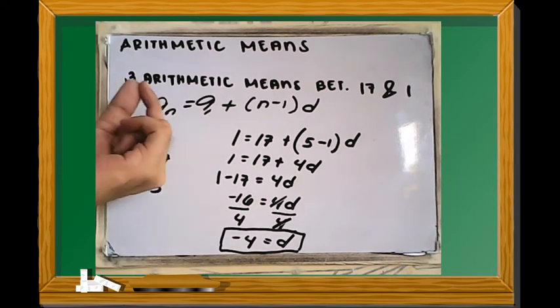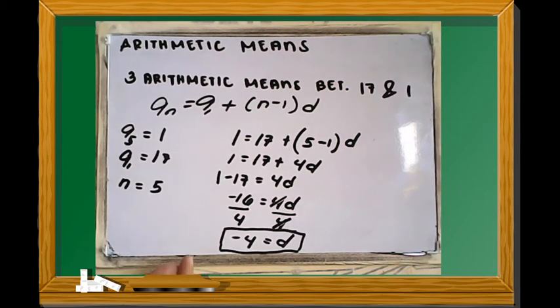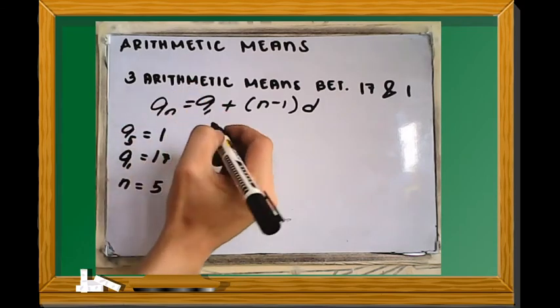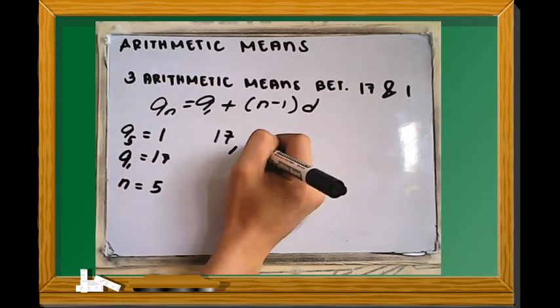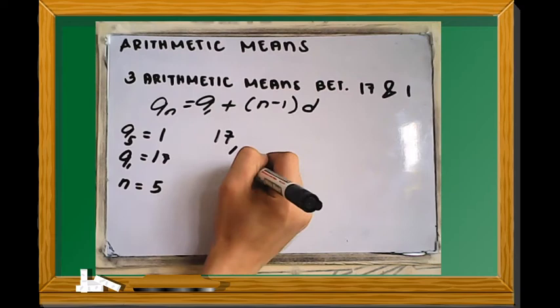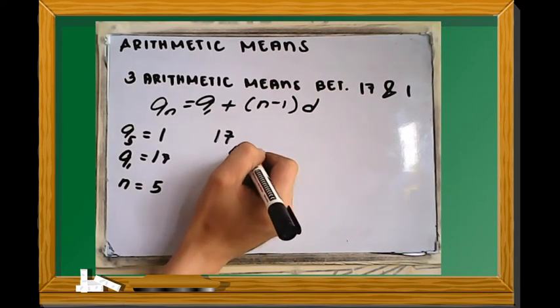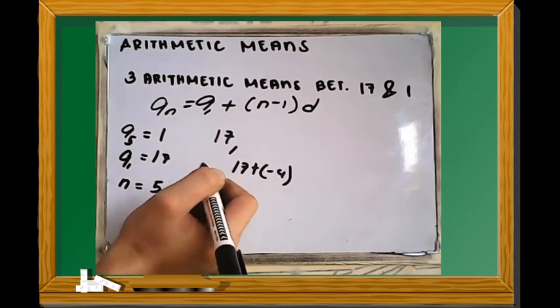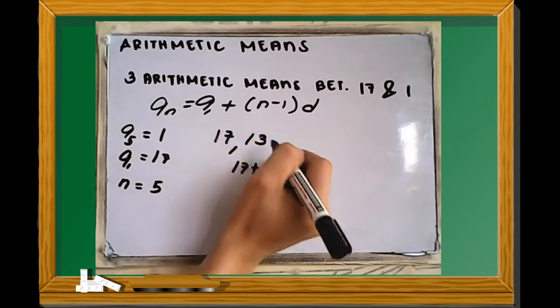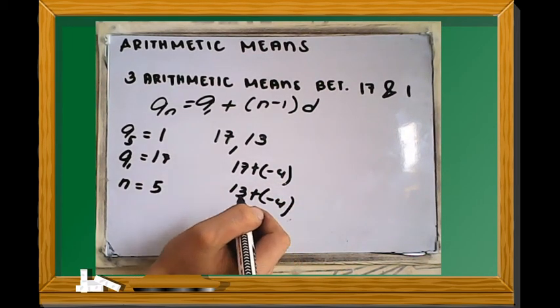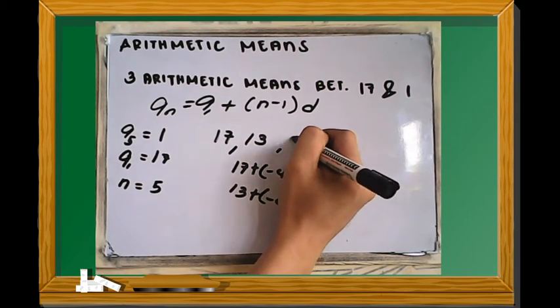But we are looking for three arithmetic means. Since we computed the common difference, which is negative 4, from 17, the next term is 17 plus negative 4, or 17 minus 4, that is 13. Then 13 plus negative 4 is 9.